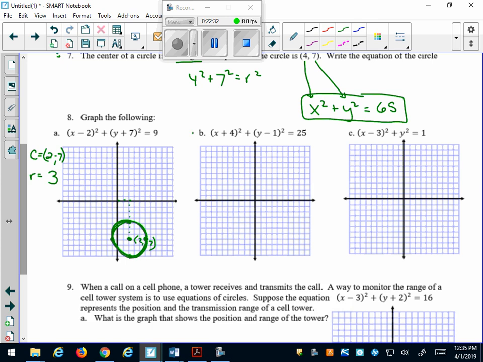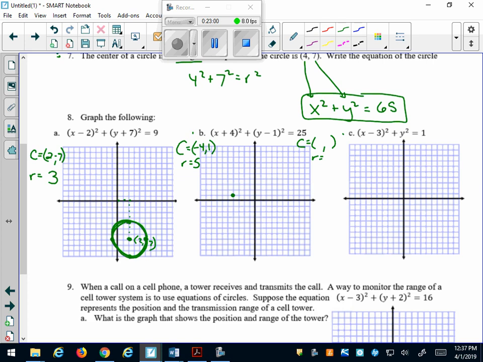Okay, so try B and C. Again, I want you to make sure you're identifying where the center is and where the radius is for each one. All right, so the center here should be -4, +1. So I go to the left 4 and up 1. Radius is 5.